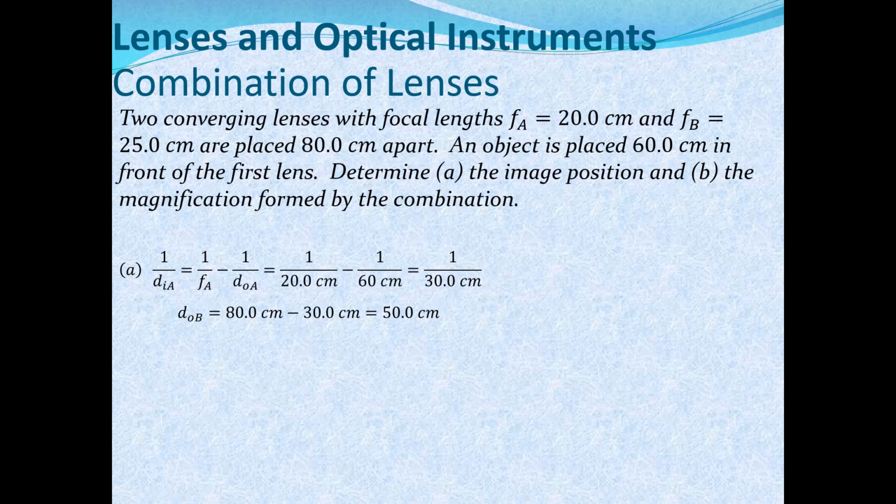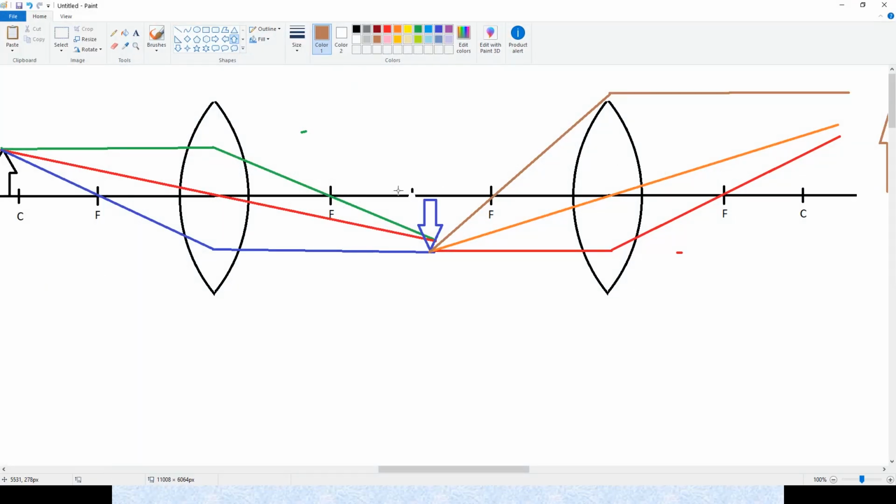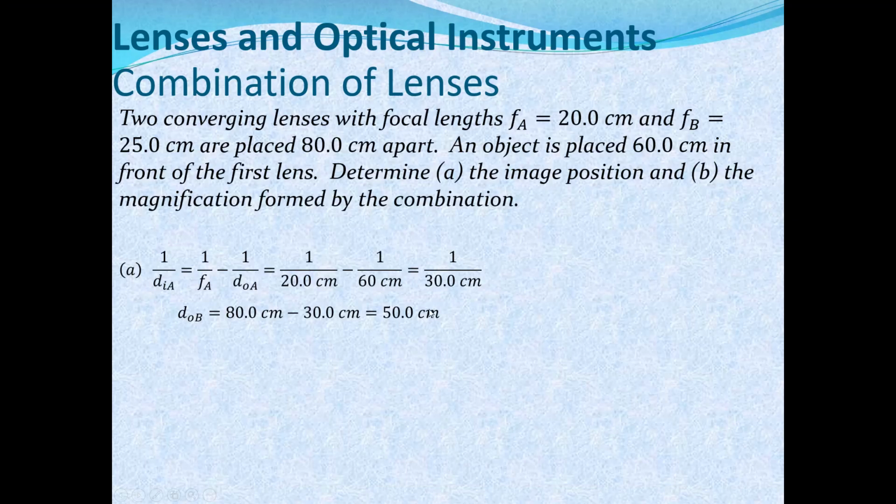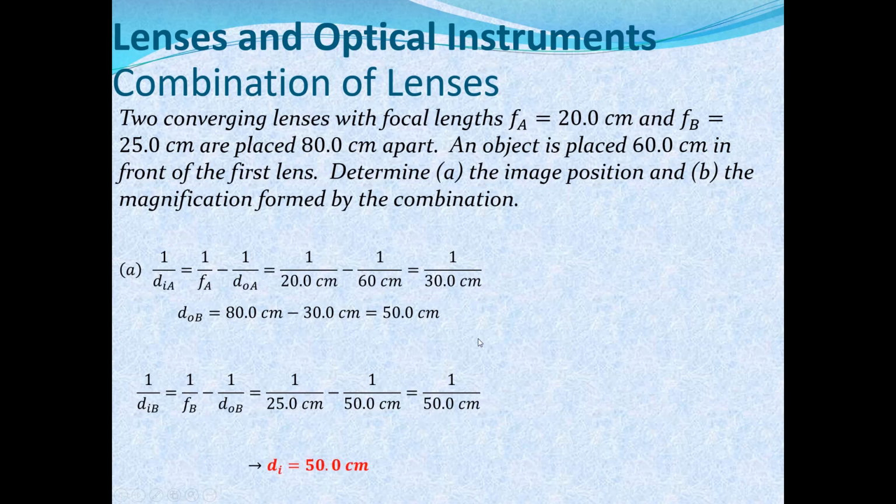So if this initial image is formed 30 centimeters from the lens, and the two lenses are 80 centimeters apart, that tells me its distance from the second lens as an object is going to be 50 centimeters. From there, I can do the equation again to find the final image distance, and we get that it lands 50 centimeters to the right of the second lens.